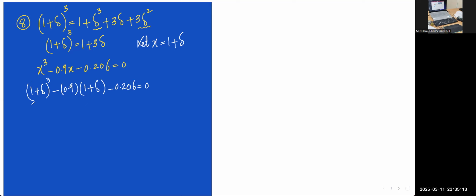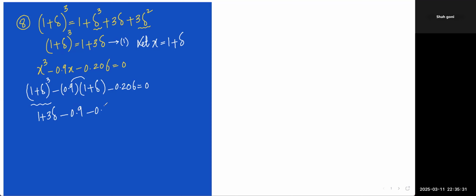Now, we already know that the expansion of (1 plus delta) cube is 1 plus 3 delta. And then if you multiply 0.9 with the 1, you will get 0.9 only, minus 0.9 times delta, and minus 0.206 is equal to 0.